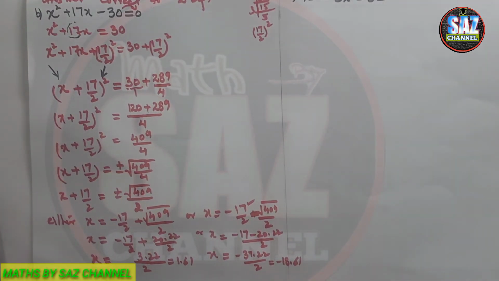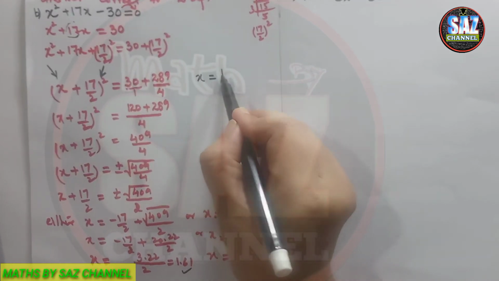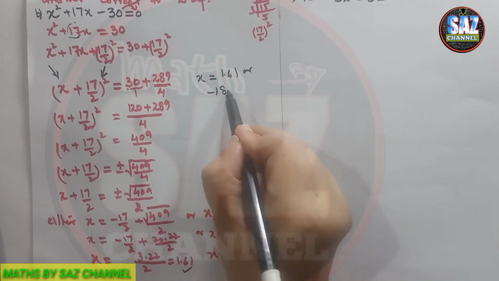So the two roots of this equation are x equals 1.61 and x equals minus 18.61. So x will be equal to 1.61 or minus 18.61.